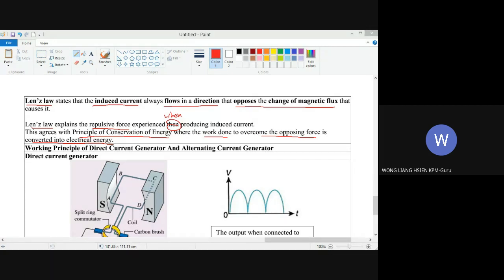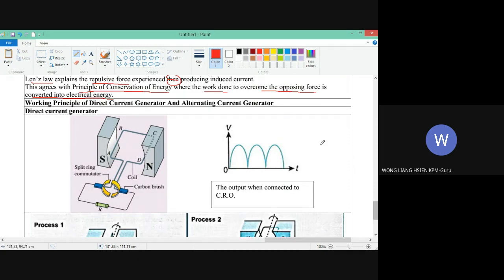Now that we already learned how to produce the induced current, and how to find out the direction of the induced current, we want to learn how to use these two pieces of knowledge to generate electricity.